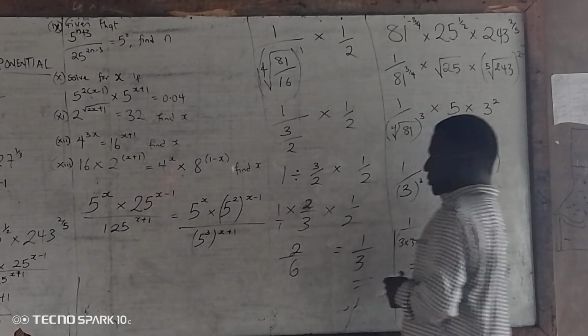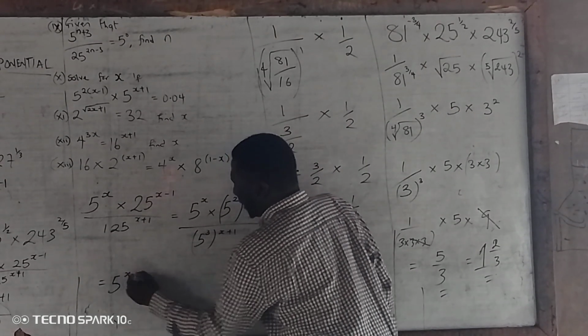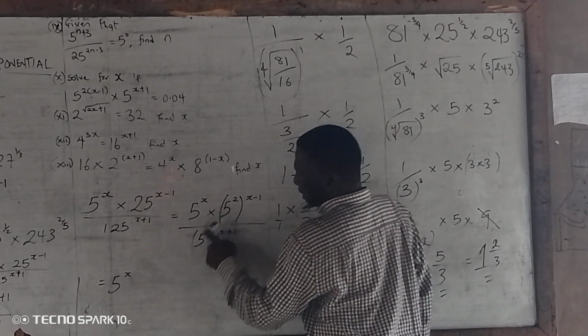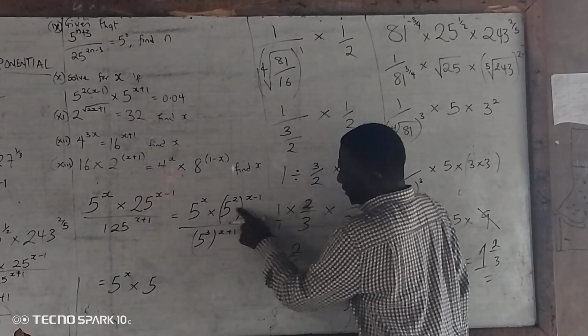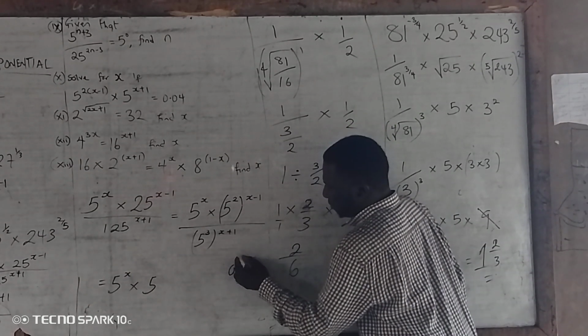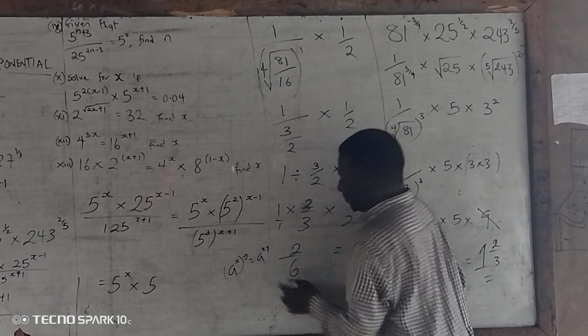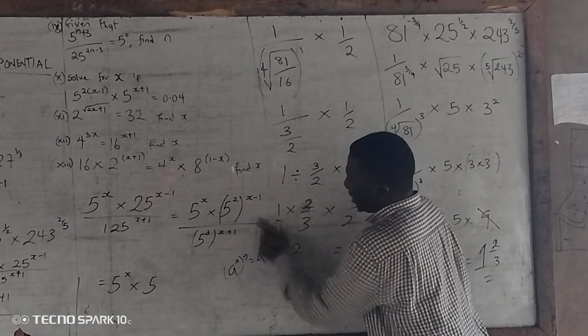From here, you have 5 raised to power x, and then times 5 raised to power 2, all raised to x minus 1. This place is like this form of question, where you multiply the powers. The 2 is the x, x minus 1 is the y.